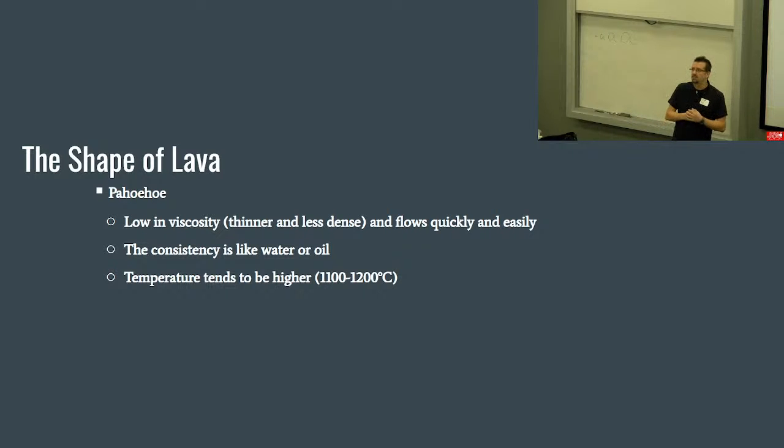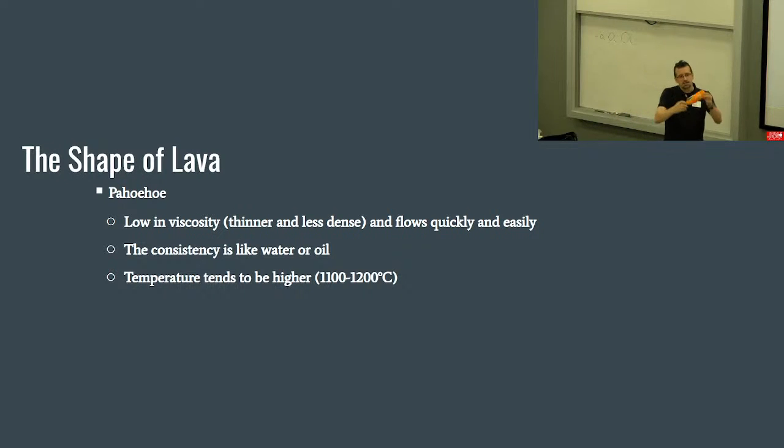Pahoehoe is low in viscosity, so that means it moves and it flows quickly. So if we were to again look at this fancy bottle, right, you can see that I can very easily move the liquid, okay? So this volcano of a soda bottle would have pahoehoe lava because it flows very easily.